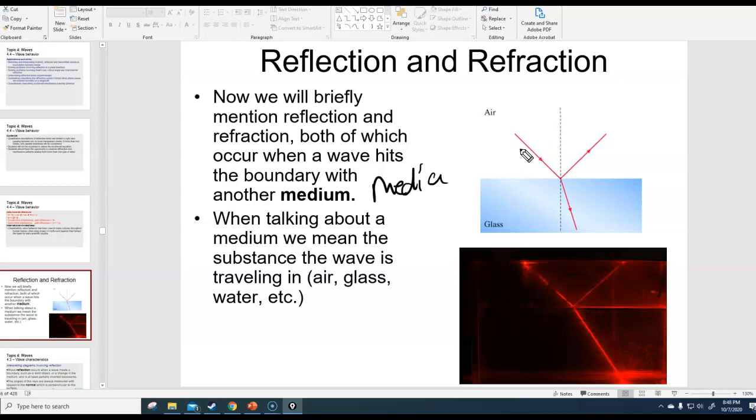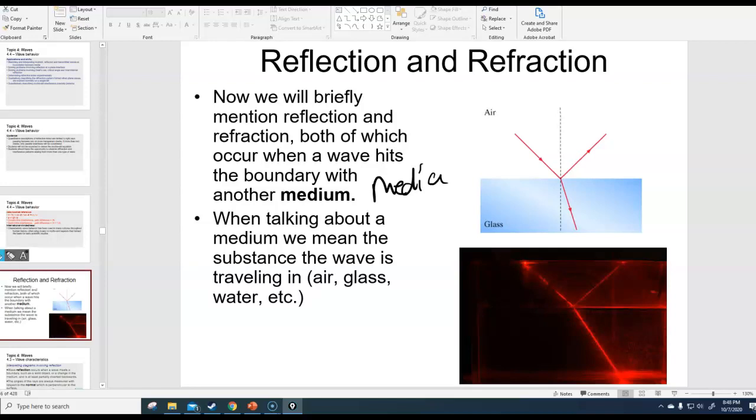You can see this red arrow here represents light, in this case an electromagnetic wave traveling from one medium, which is air, into another medium, which is glass. Okay, and so you can get reflection and refraction when a wave is incident on a medium, trying to go from one medium to another, or just in general incident on a solid object.